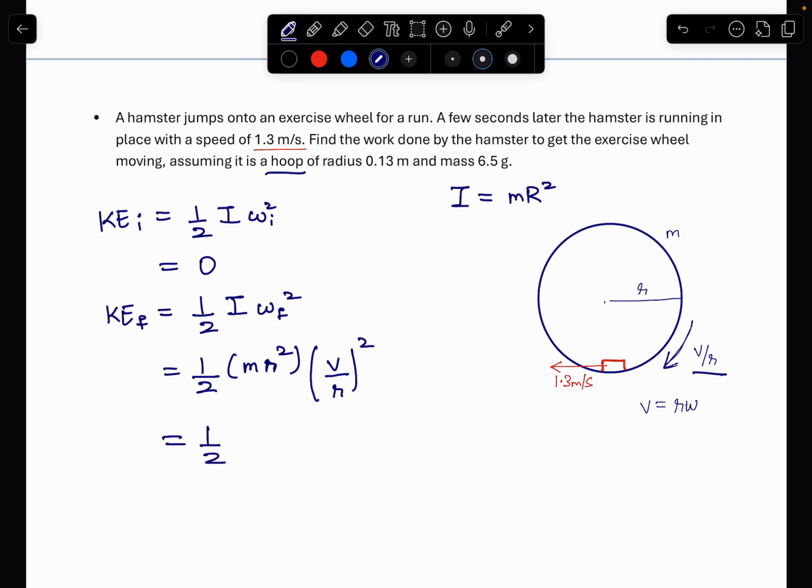Quickly solving this, this is m r squared V squared by R squared.